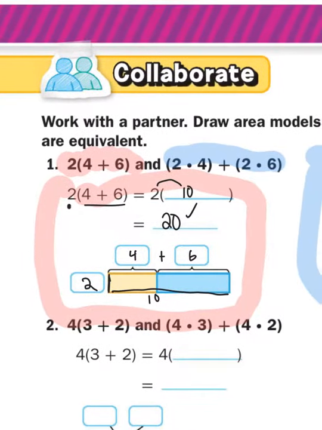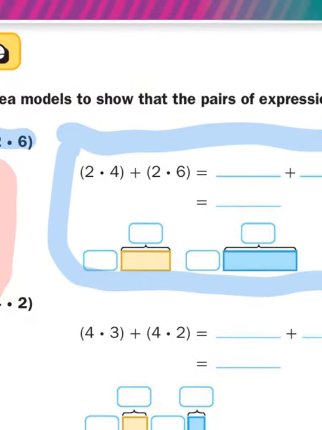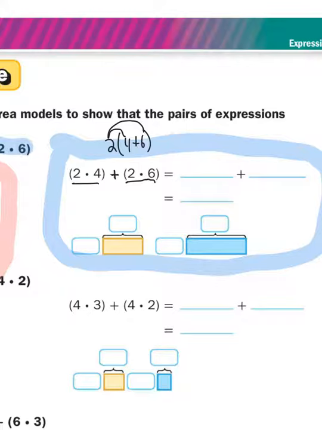Now, in the blue side, you're going to do this one with me. This is where, when we had 2 times 4 plus 6, we're going to say the 2 times the 4 plus the 2 times the 6, and we're going to add those together. So the 2 times the 4 is 8. The 2 times the 6 is 12. 8 plus 12 is 20. Same exact thing, right? So remember, we're using an area model.